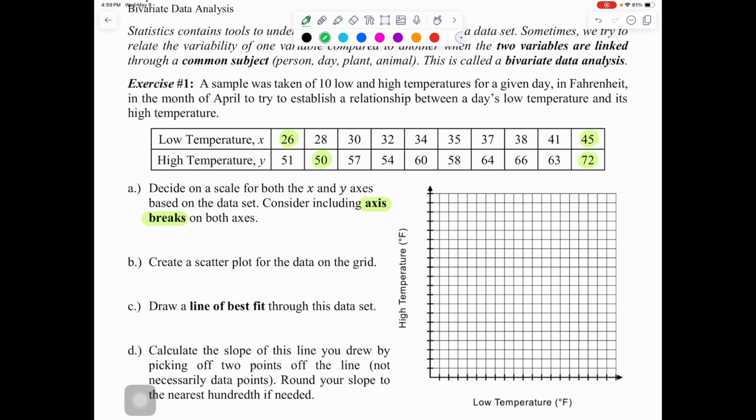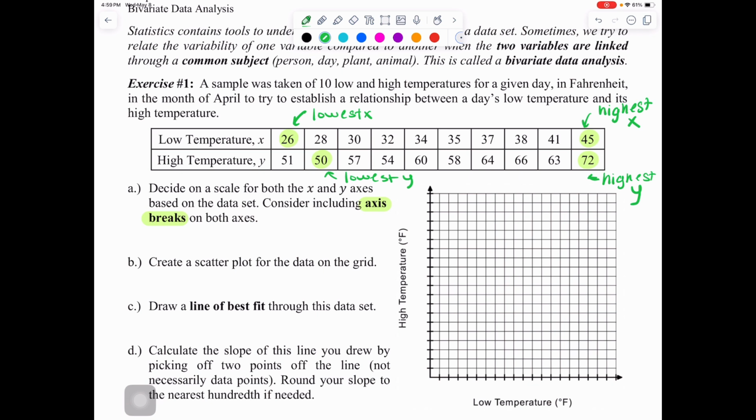I highlighted those. I also want to write that in: this is the lowest X and this is the highest X, and then we also have the lowest Y and the highest Y. That's a good place to start because then you know what you need to make sure you reach.